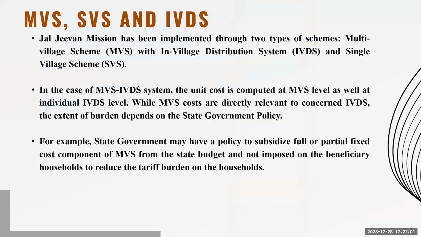While MVS costs are directly relevant to the concerned IVDS, because that's the cost of getting water at the IVDS level, the extent of burden depends on the state government policy.